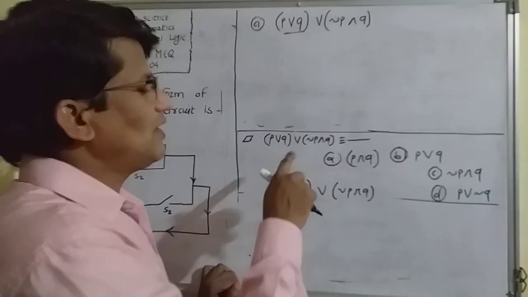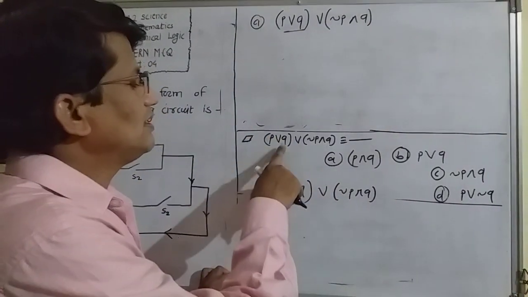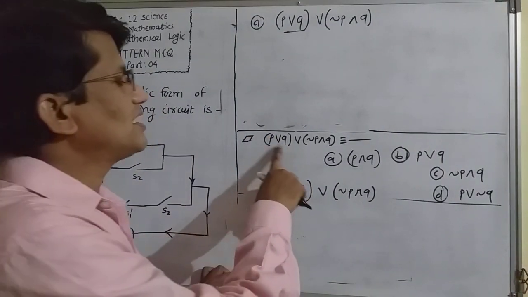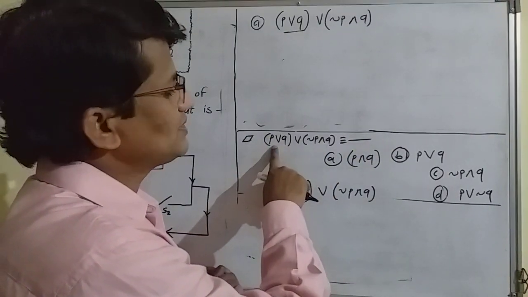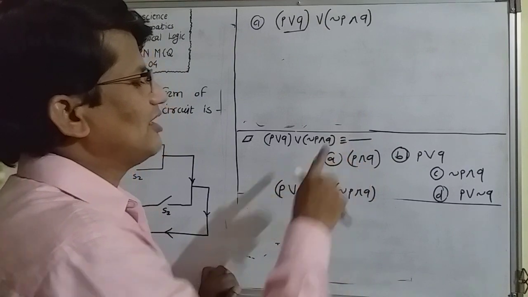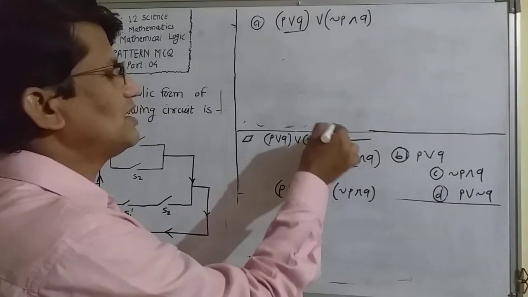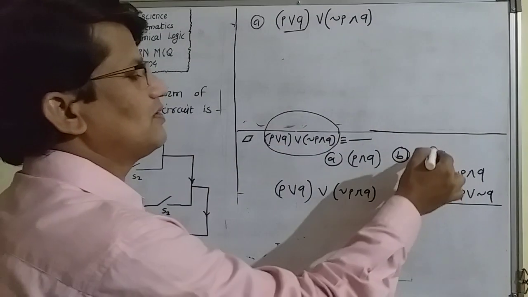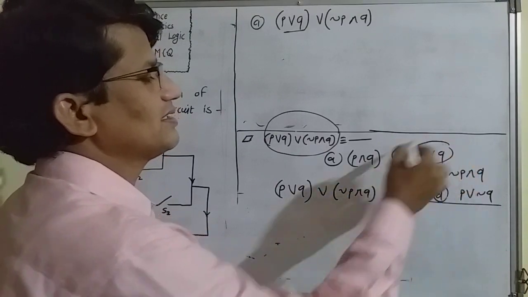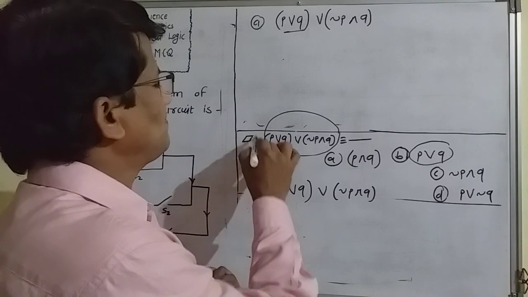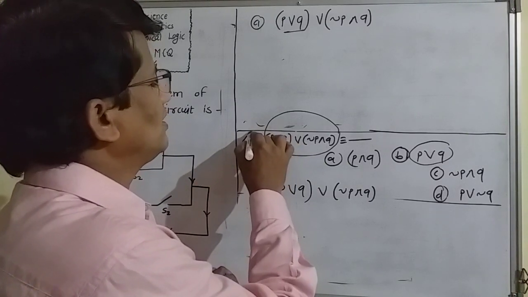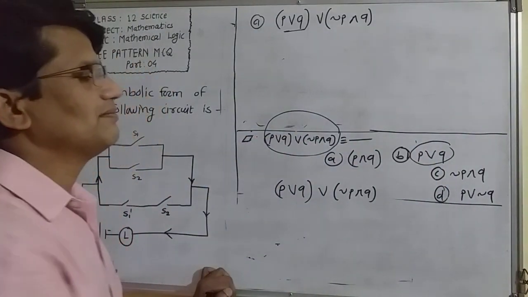So try to use the truth table for this. Construct the whole truth table, and by using it we can observe that the truth table of this column and the truth table of this column may be equal, which means the option of this question is option number B.